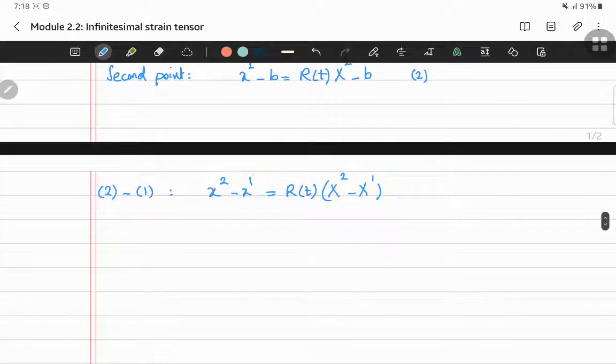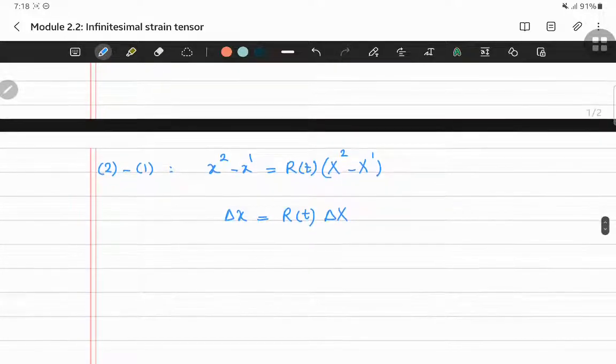Great. So I can simply write this as delta small x is equal to R transpose delta capital X.